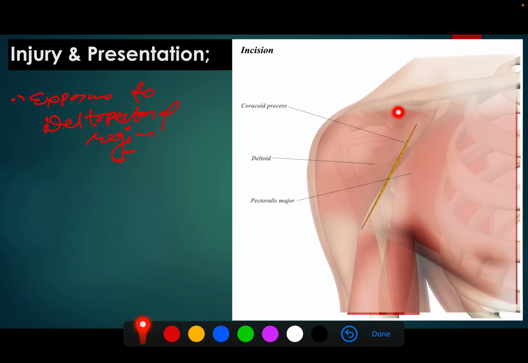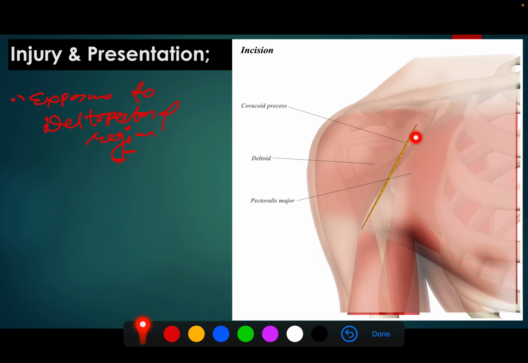In between pectoralis major and deltoid, if we open our shoulder from this region, right, the musculocutaneous nerve is commonly injured. And why do we open this region? Because this is a region where we put artificial pacemakers for those who have heart problems, especially on the left side, right? And another reason, we open this if we want to expose our shoulder joint anteriorly.